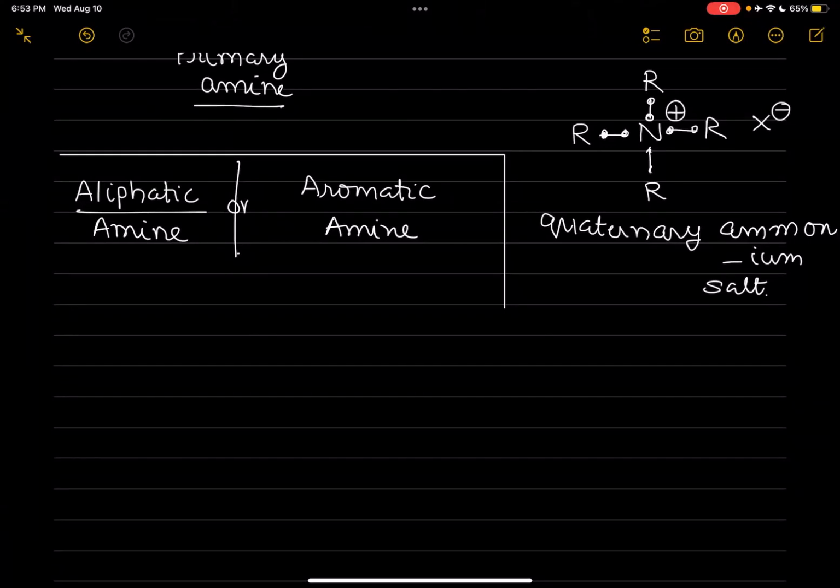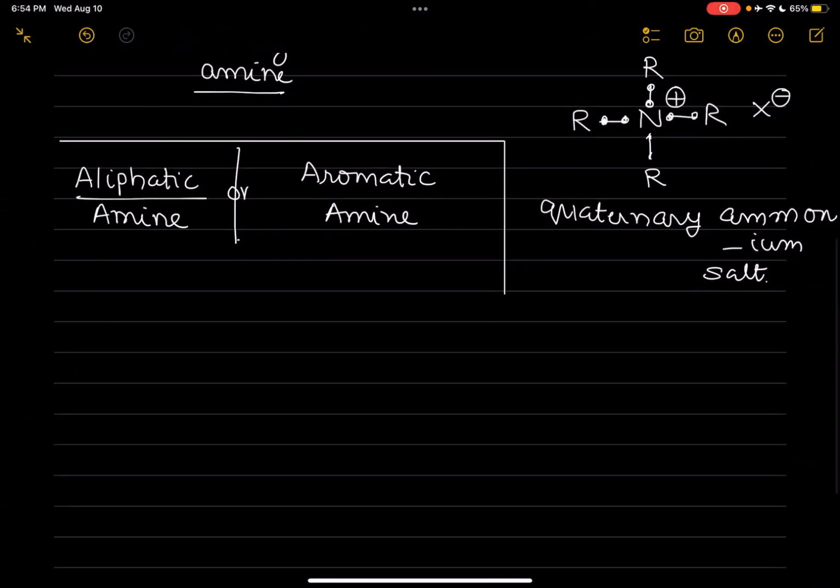Is it clear? Laya, is it clear? So aliphatic amine. So also aliphatic halide, or alkyl halide, alkyl amine, right? This aliphatic group can be of 2 carbon atoms, it can be of 3 carbon atoms, right? So this is aliphatic amine.